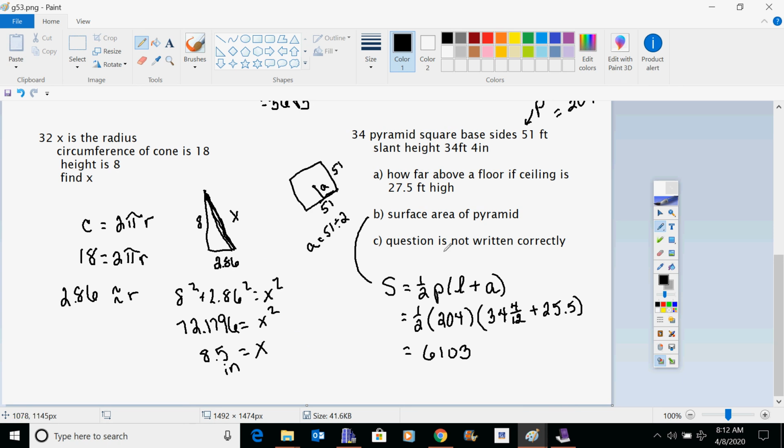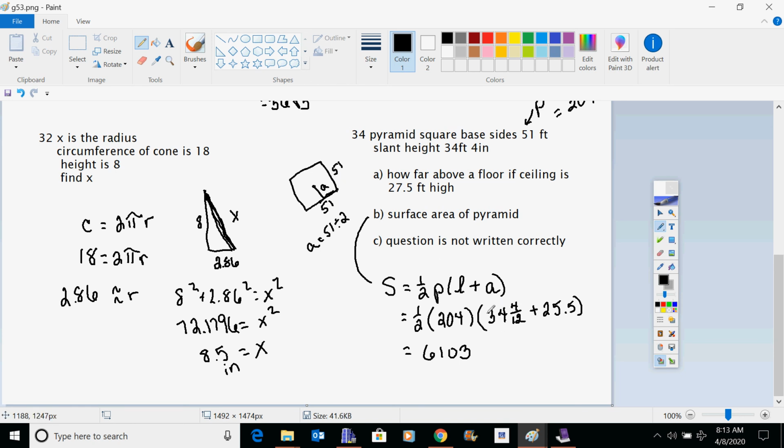And number 34, you have a pyramid with a square base. And they want to know, first of all, how far above the floor of the ceiling, if the ceiling is 27.5 feet high. Once again, I'm just going to skip to the part that would be most relevant for your quiz, that the surface area is 1/2 perimeter times L plus A. Perimeter is 204 because the pyramid has a square base.